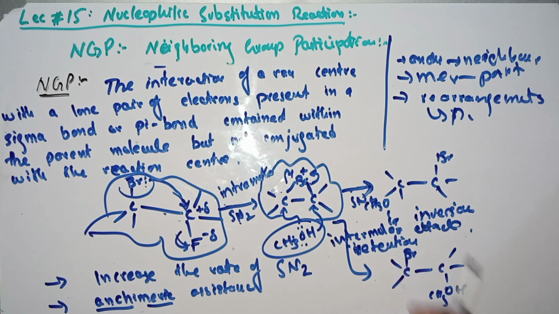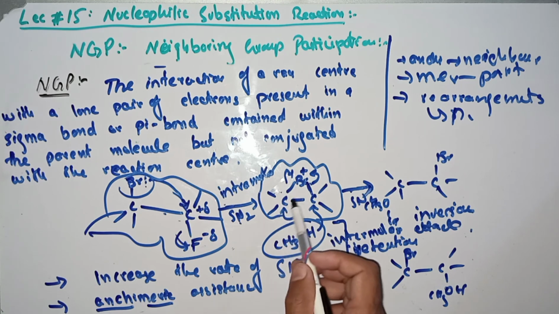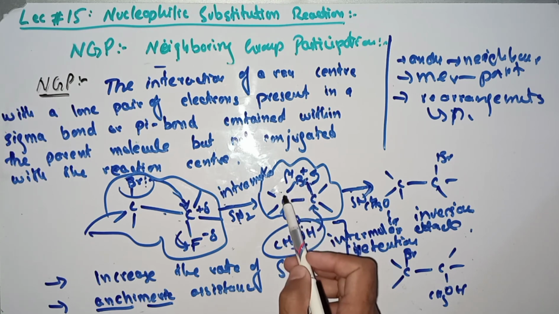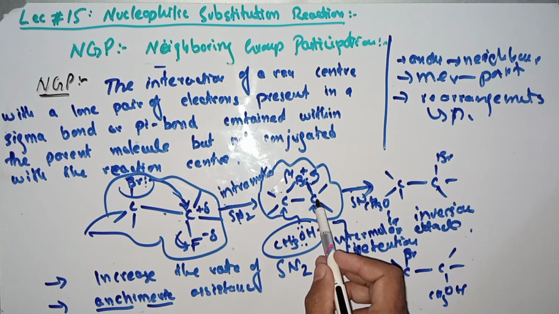And in the second step, either the inversion product or the retention product may be produced. The inversion product will be very rare because to get the original position of the first nucleophile, which is attached to carbon number 1, the second nucleophile will have to attack on the second carbon.